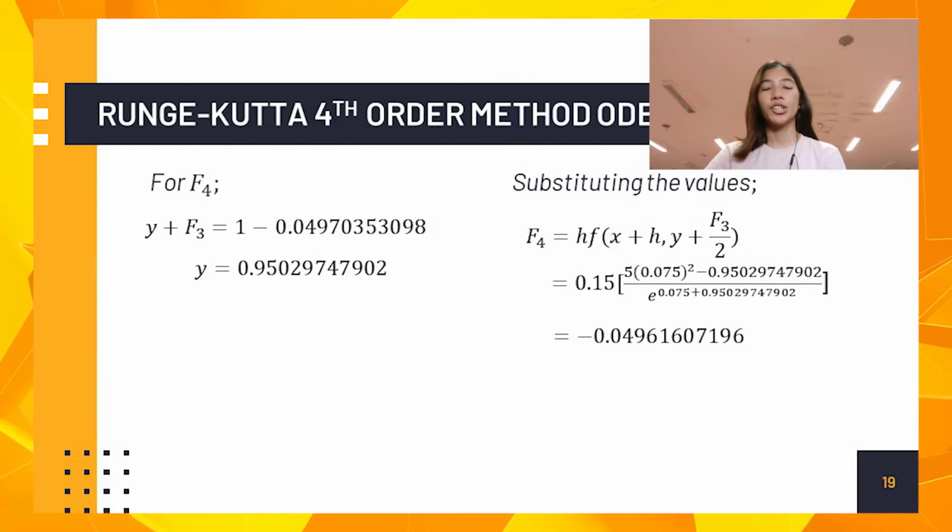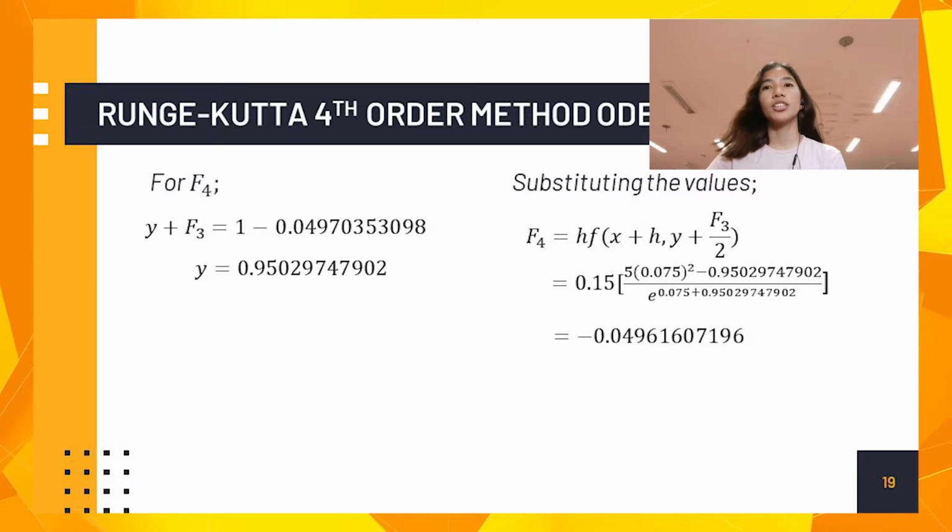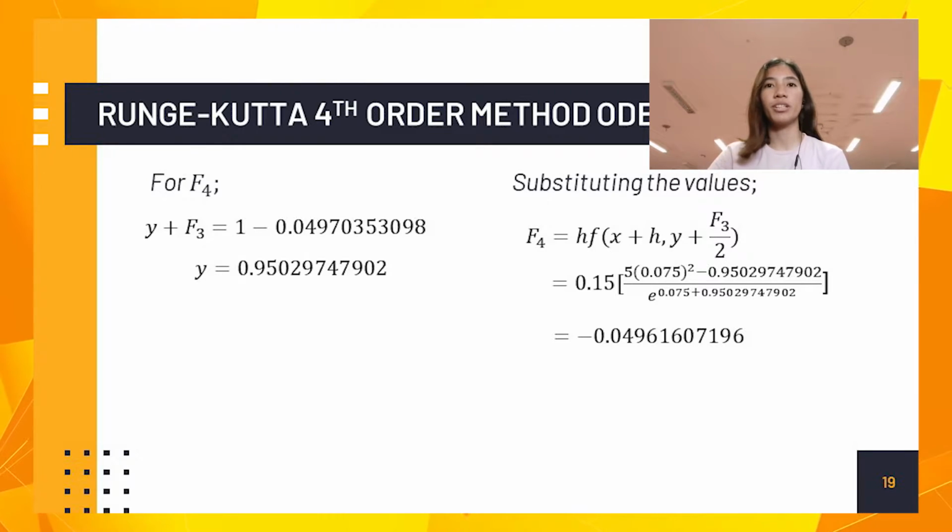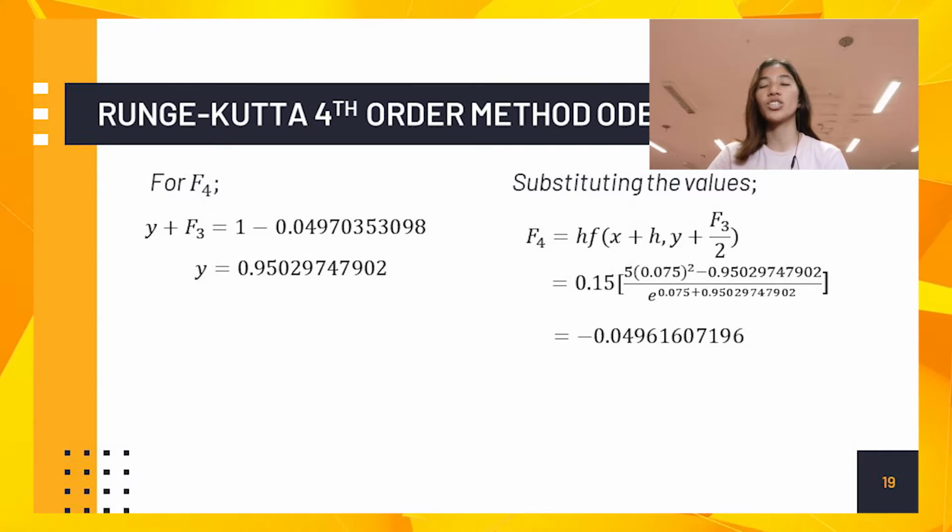Lastly, for determining the value of f4, determination of new y will also be done first. We then obtain 0.95029747902, and after substituting it to f4 is equal to h times f of the quantity x plus h, comma y plus f3, we acquire negative 0.049616079196 as the value of f4.